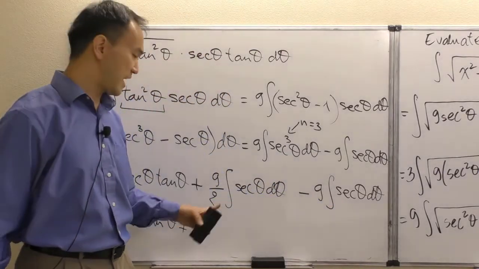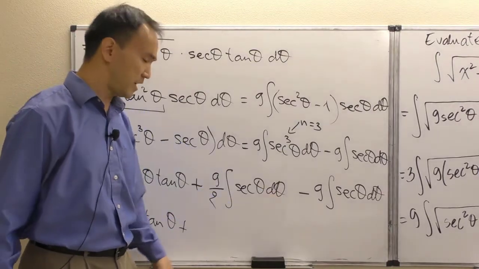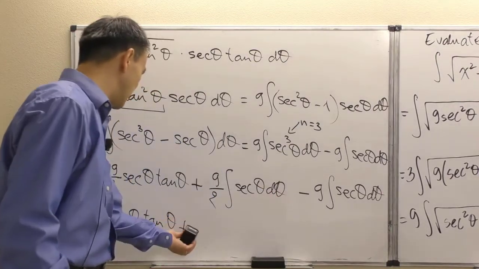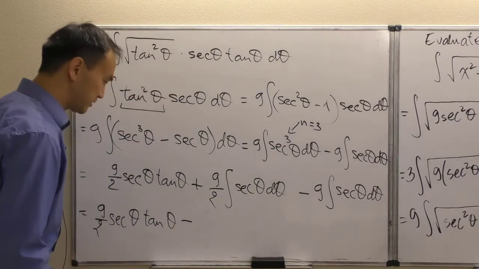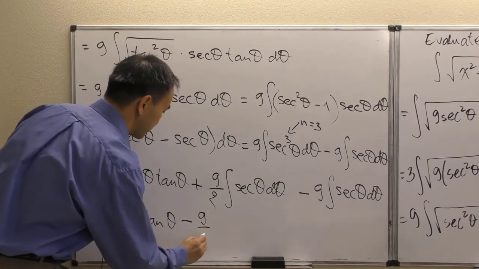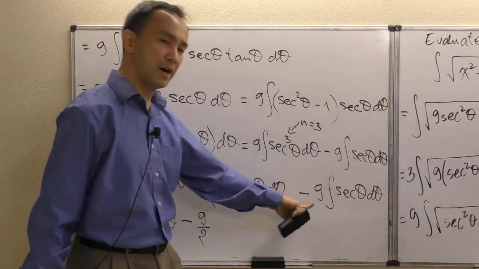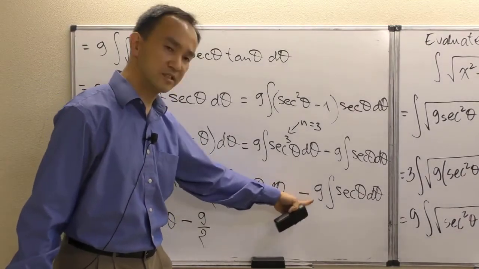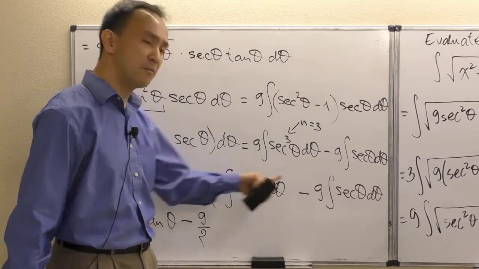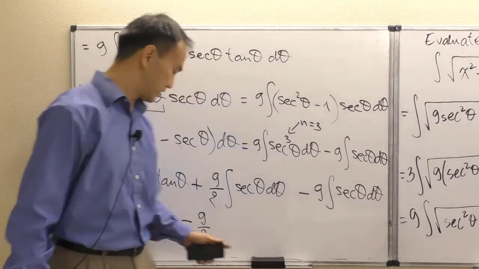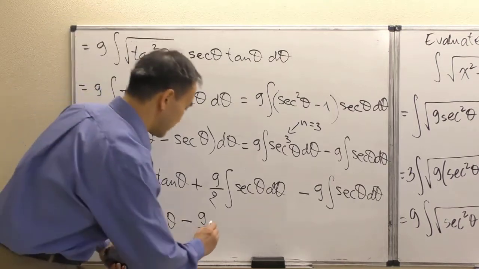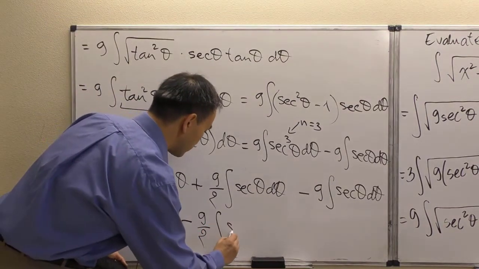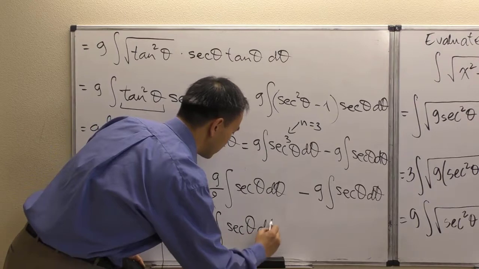So 9/2 minus 9 is going to give me, no longer a plus, but a minus 9/2, because 9 here is 18 over 2. So 9 over 2 minus 18 over 2 gives us a negative 9 over 2, with the integral of secant theta d theta.